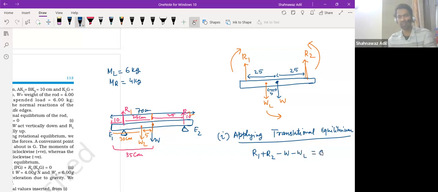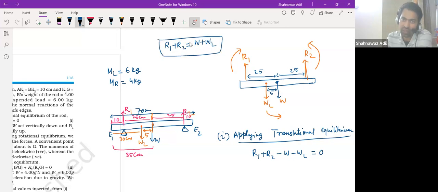Is this part clear? Yes, sir. Whatever is going in the opposite direction is negative, so the downward direction is negative. We can also understand this as R1 plus R2 equals W plus WL, which is also correct. Then we can write it on the left hand side. So this would be the first equation. Is this part clear, everyone?